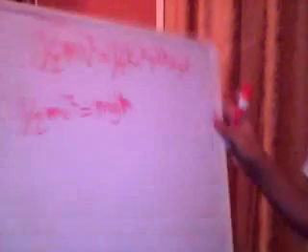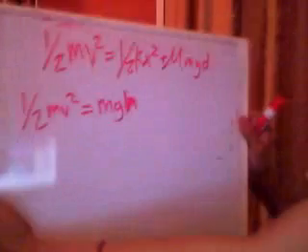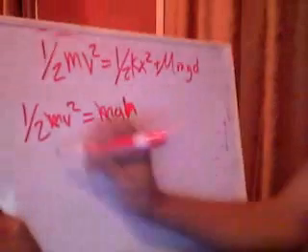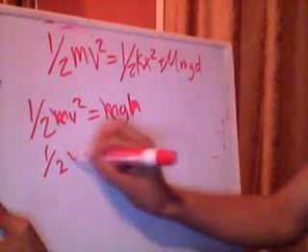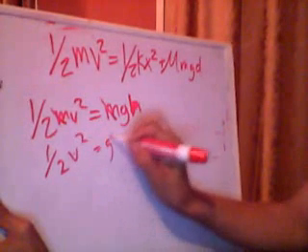So in this case, we are going to set kinetic energy, which is 1/2 mv squared, equal to potential energy, which is mgh. And you plug in and basically the masses cancel out, which gives you 1/2 v squared equals gh.